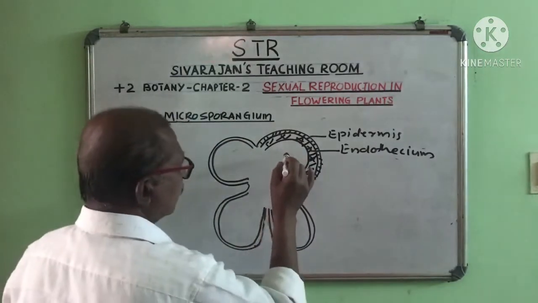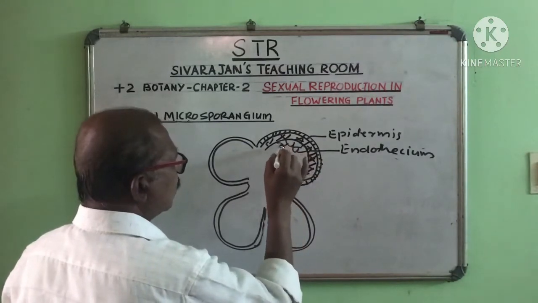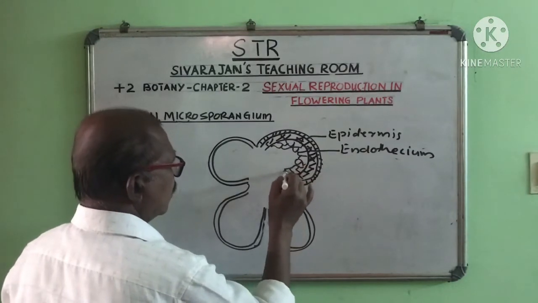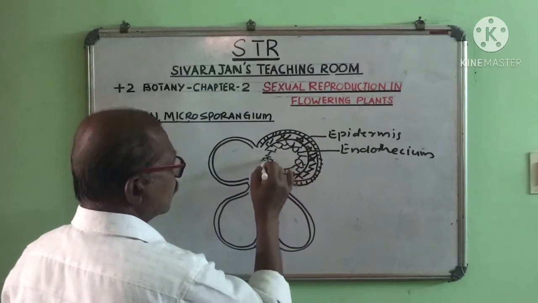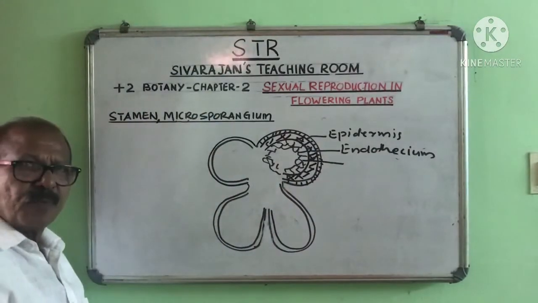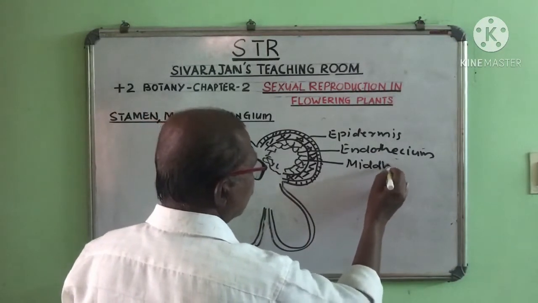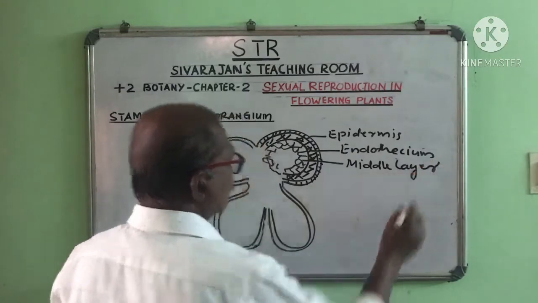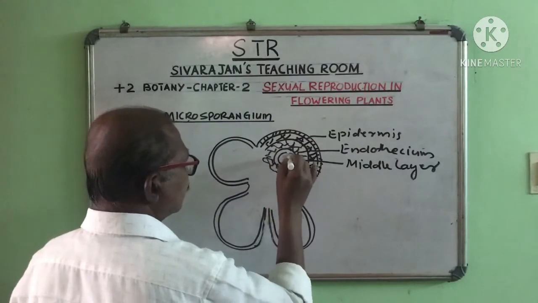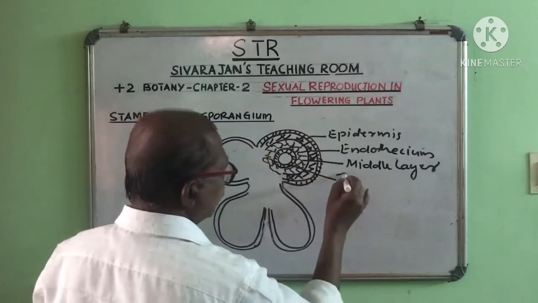The third layer is made up of more than one layer of cells. It is called the middle layer. And the innermost layer is called the tapetum.